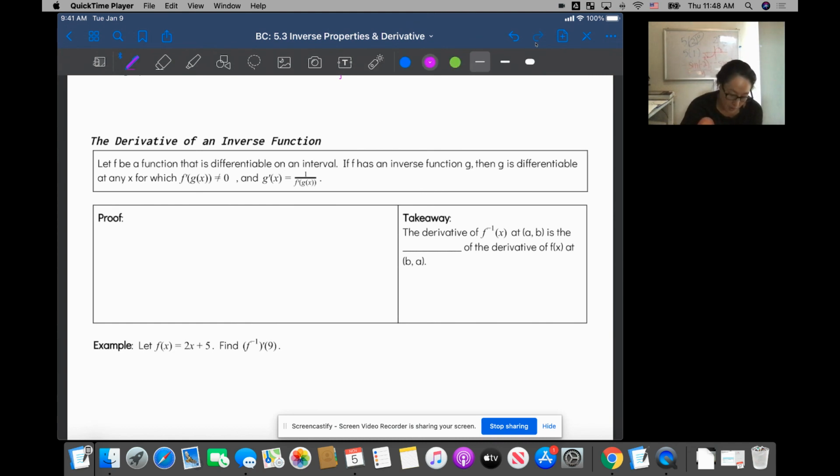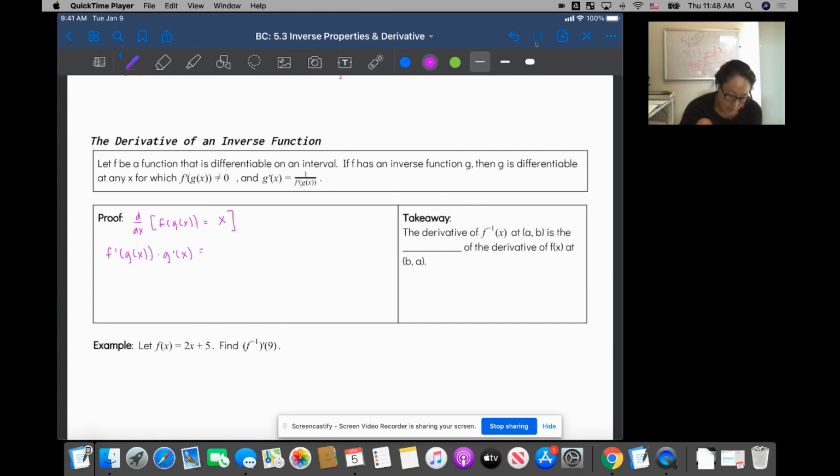So if I have the derivative d/dx of f of g of x, we know that's supposed to equal x. So I'm going to take the derivative of this whole equation. So the derivative of the left side is chain rule. F prime of the inside stays the same times g prime of x.